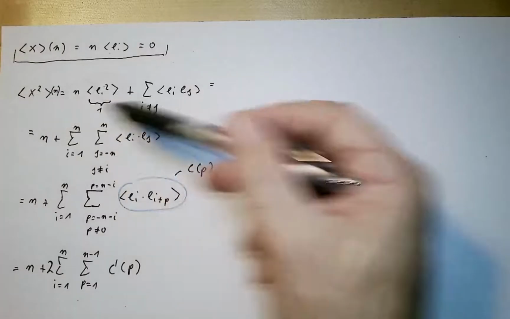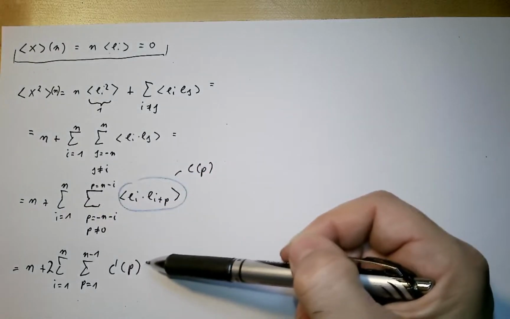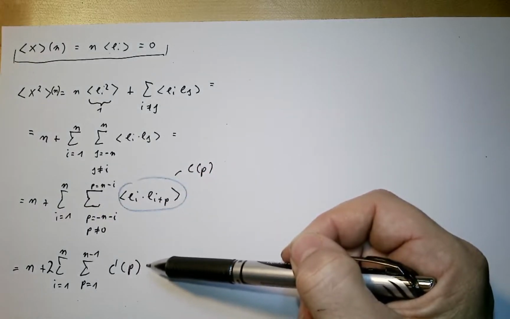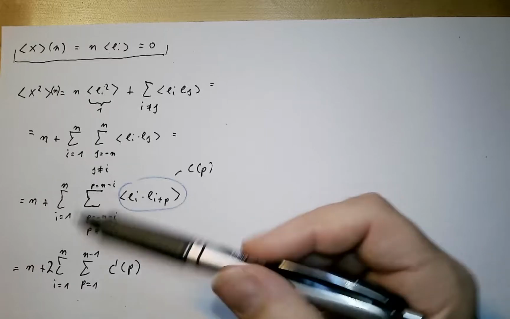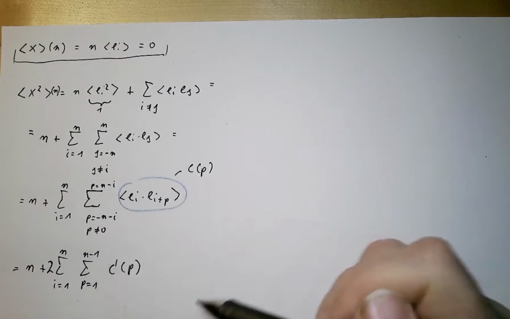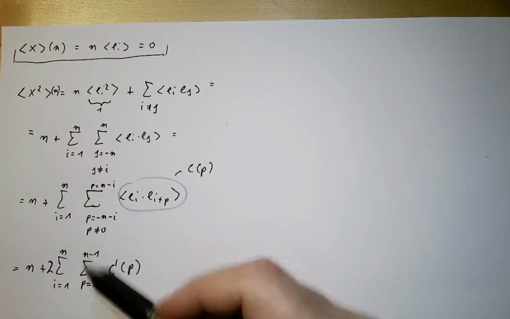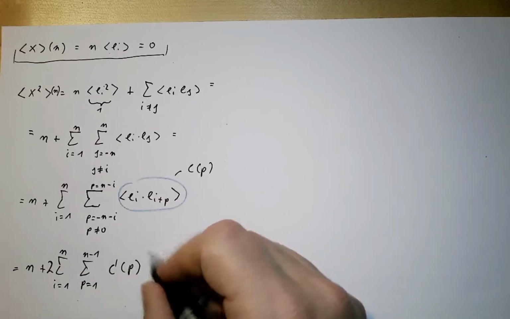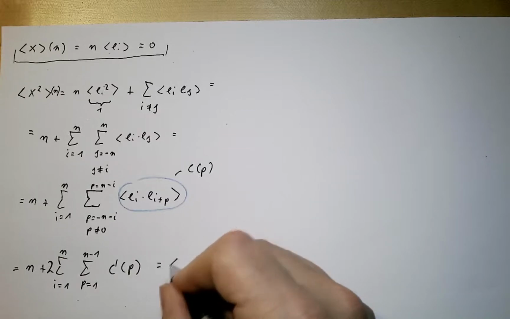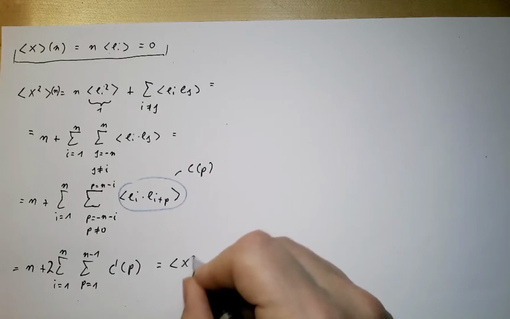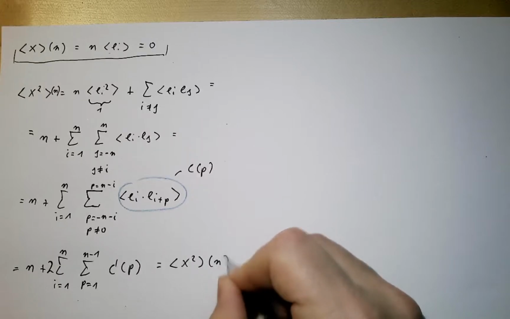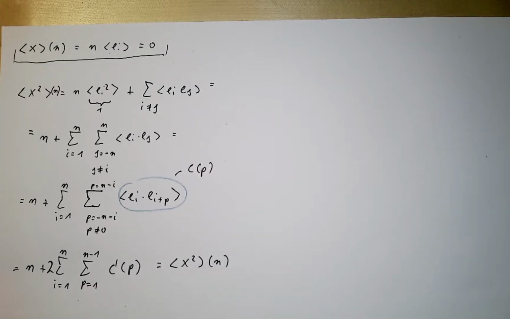What I did now works for all walks, so that's correct in general. But in order to proceed, we need to simplify this here. So that's okay. Maybe let's write this like this first, because that's our result. The second moment as a function of n is just this formula.